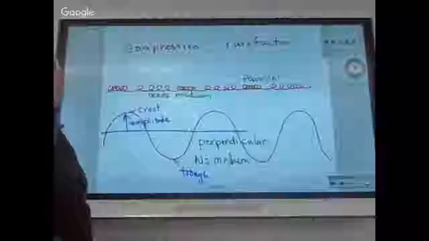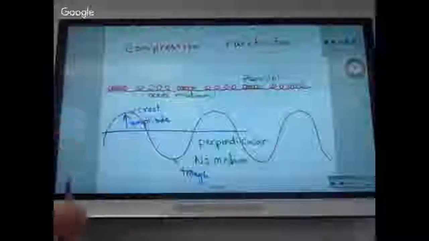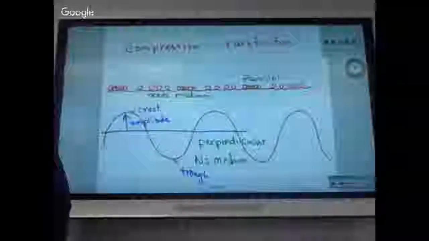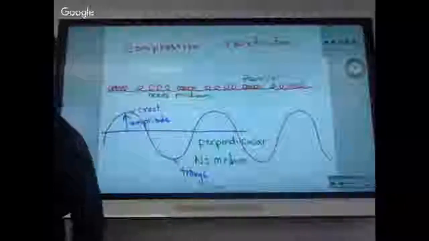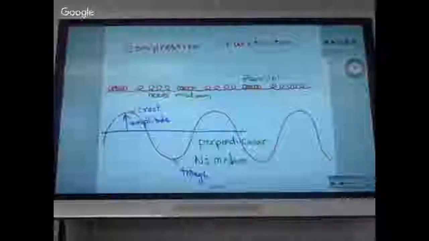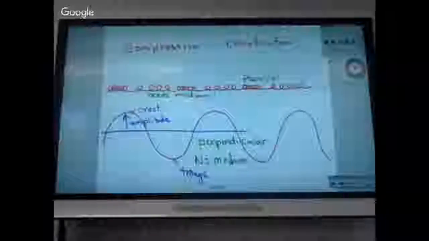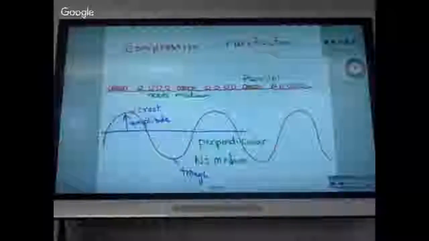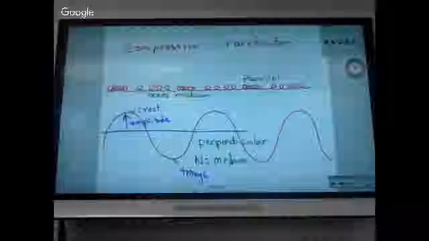So a transverse wave has a crest, a trough, and an amplitude. Do you have a crest, a trough, or an amplitude on a compression wave? No, because there's no up or down on a compression wave. So somebody said in a compression wave, there's no crest, trough, or amplitude, and there is in transverse. I took that also. But I only had that, I'm pretty sure, in one lab group. Yes, sir. I got one.